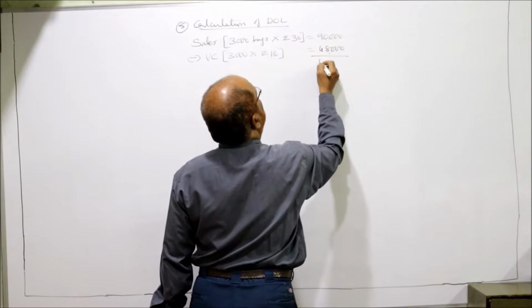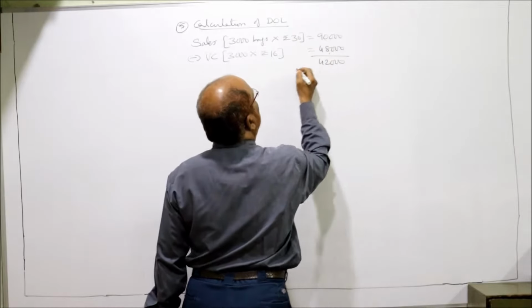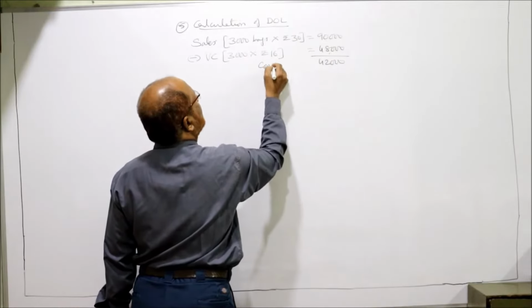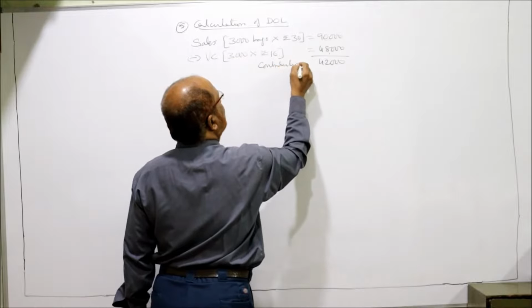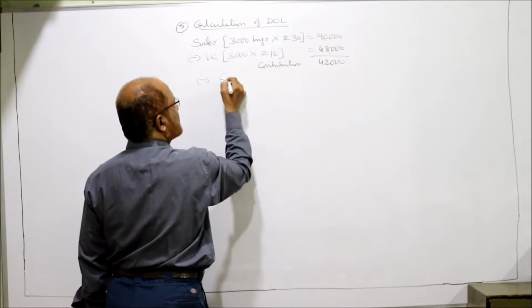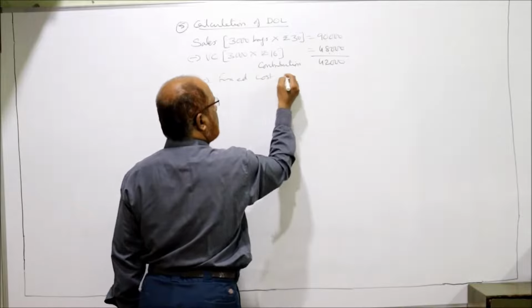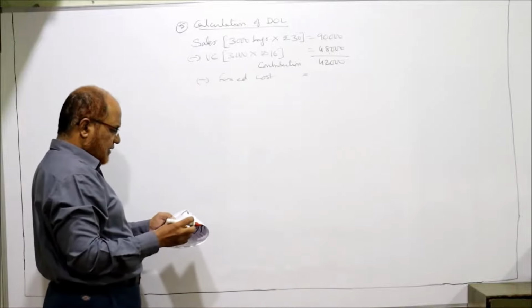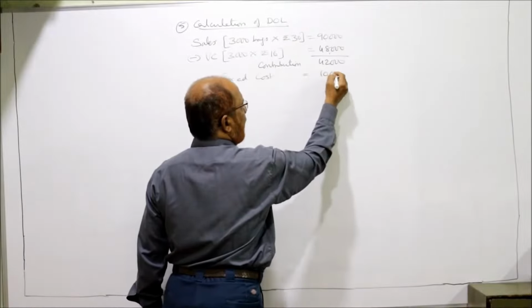Then 42,000, that will be the contribution. Less fixed cost. The fixed cost is given in the problem as 10,000.